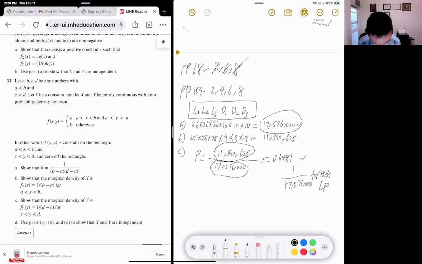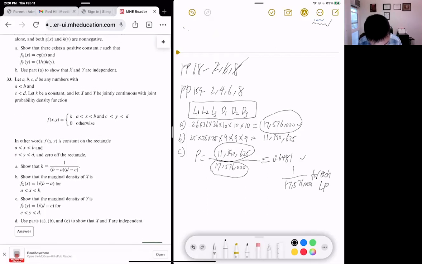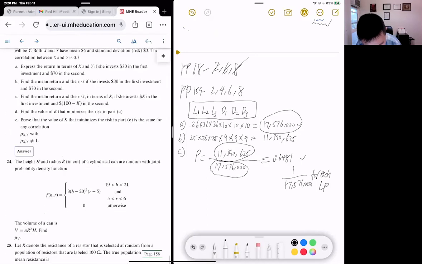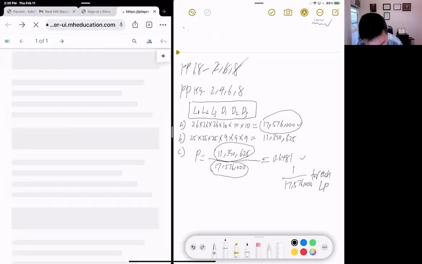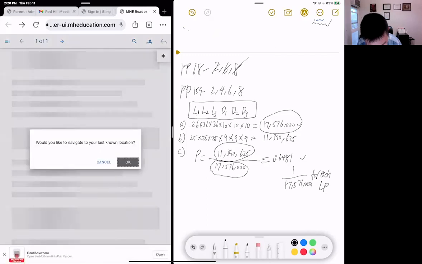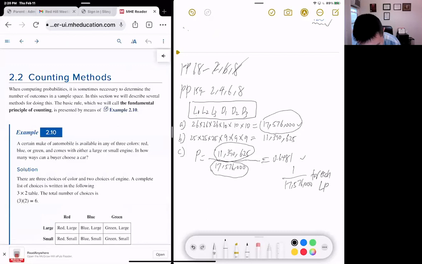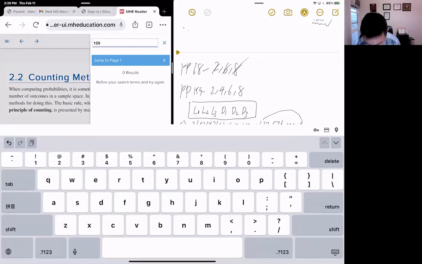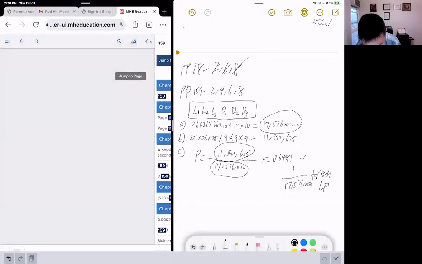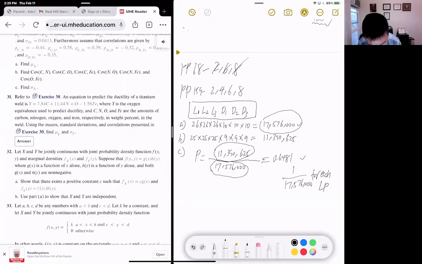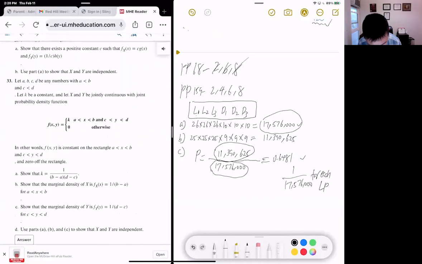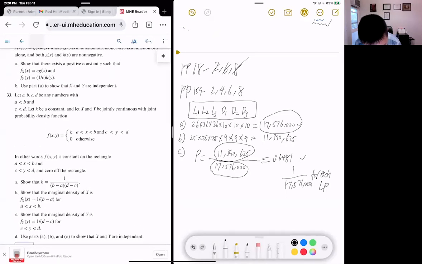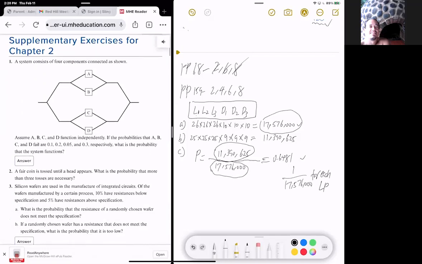Page 159. Where is it? Oh, so this is the supplementary exercises for chapter 2.